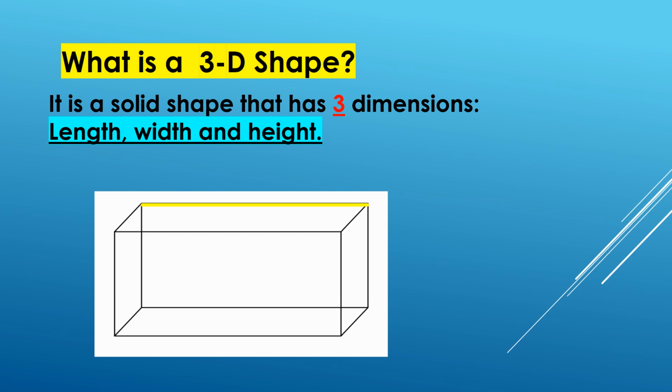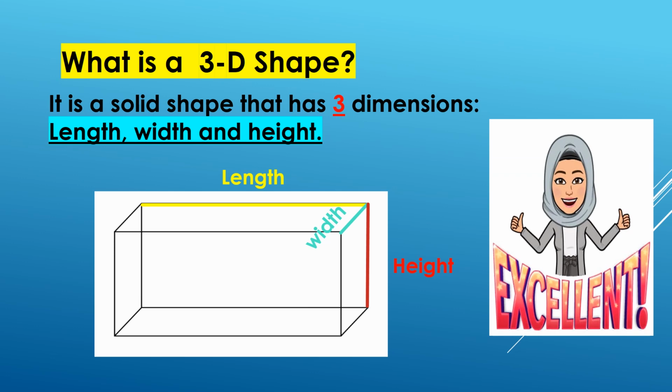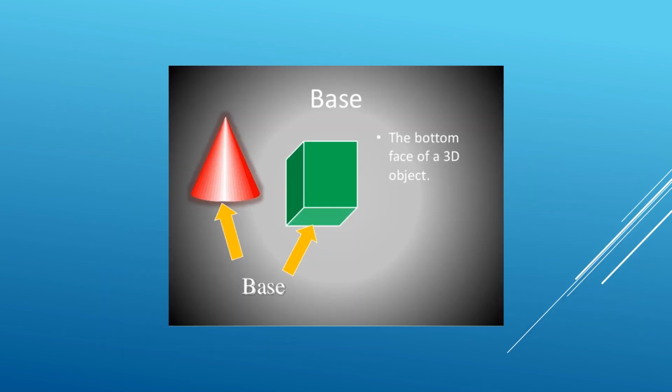This is one side, another side, and a third side. Can you tell which one is length, which one is width, and which one is height? Let's see. You are correct. The yellow side is the length, and the blue side is the width, and the height is the red side. Good job, dear students.